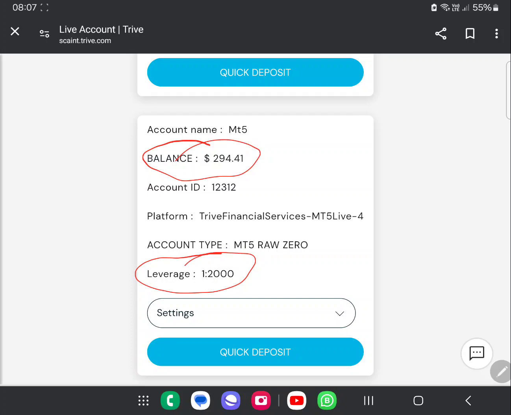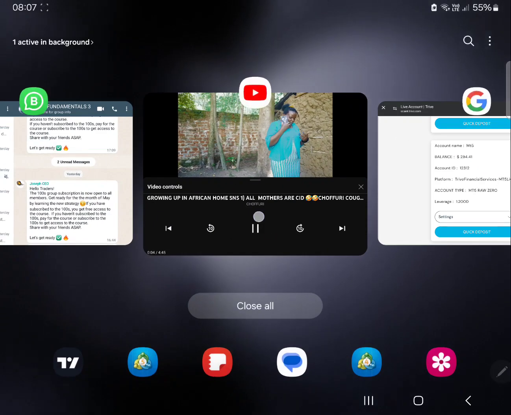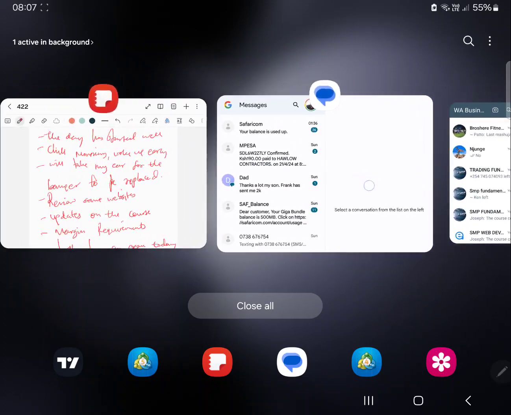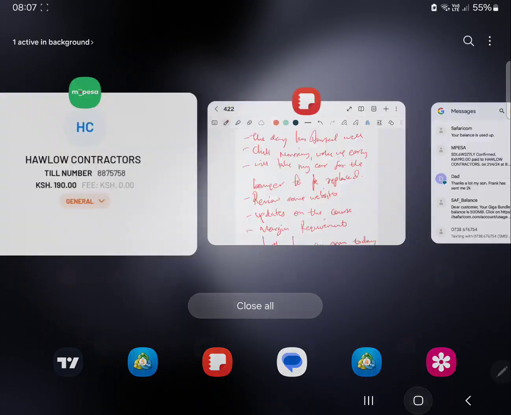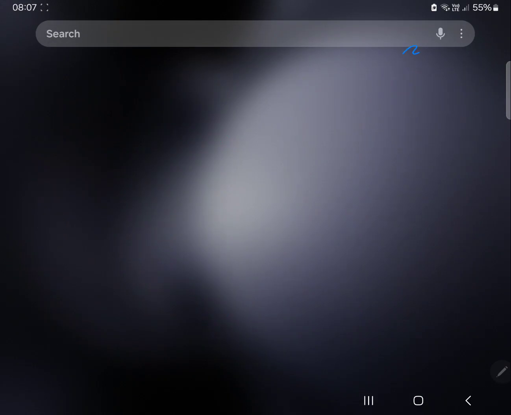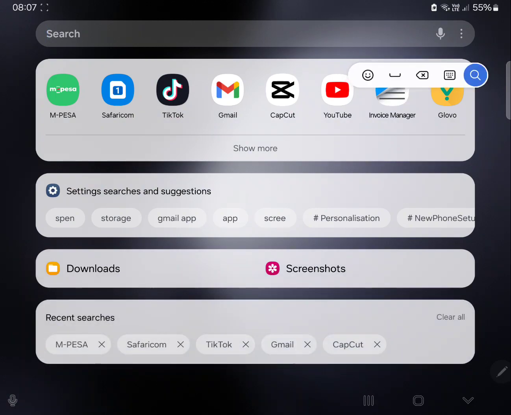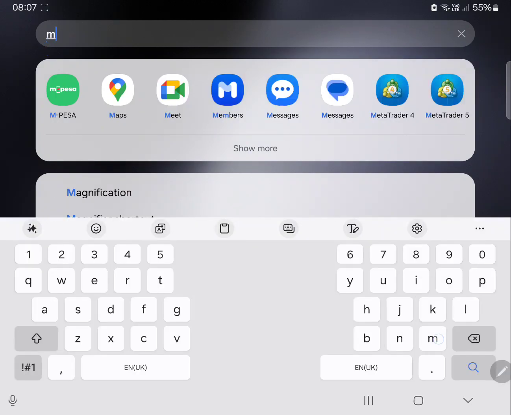So I'm just going to do a quick rundown on how much leverage you need to open a specific number of lots, or rather which lot size you need to use. So I'm going to start with a leverage of 1:2,000. Let me head into my MT5 and see how much leverage I actually need.